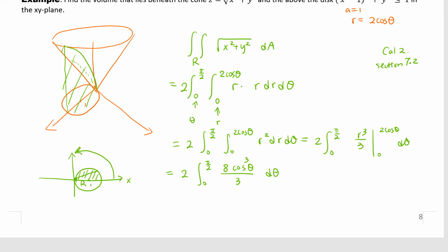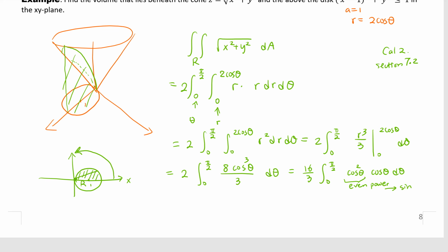So here, if you have an odd power of cosine, you can split. First of all, let's move all the constants outside. We can split a cosine at the end and then change the remaining even power in terms of sine.